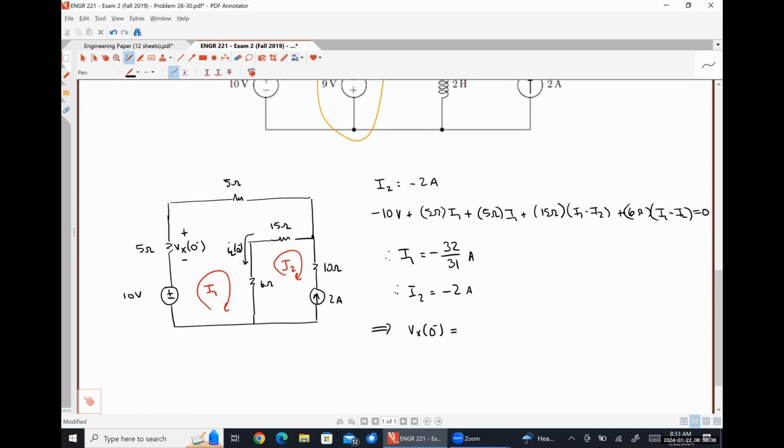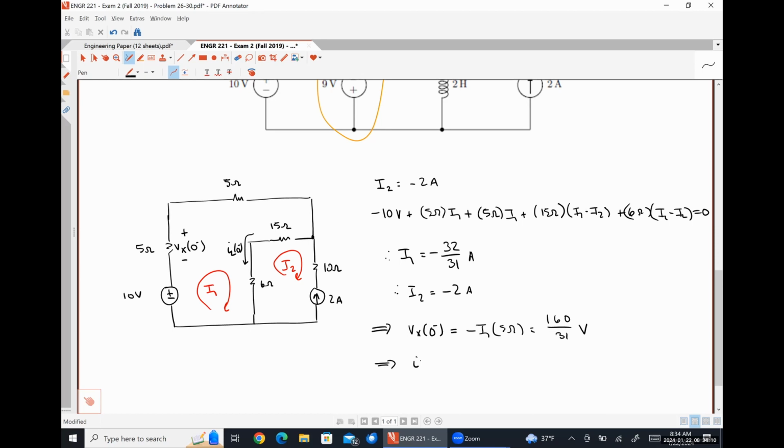That's exactly right. So Vx at 0 minus is negative I1 times 5 ohms. So that will be 32 over 31 times 5, 160 over 31 volts.